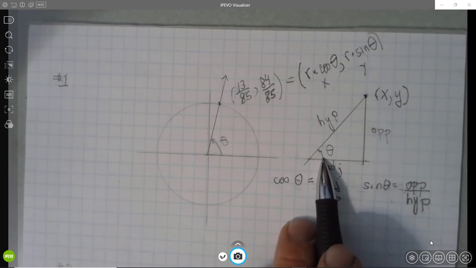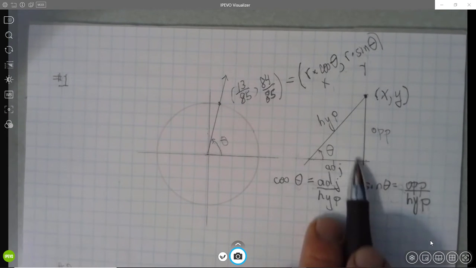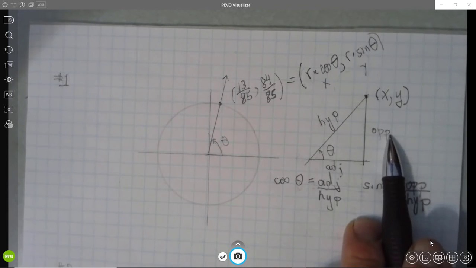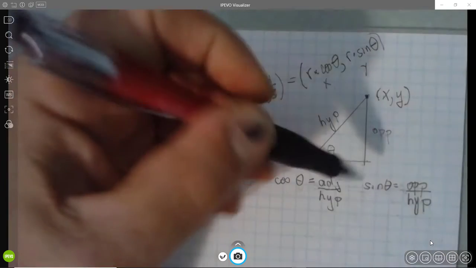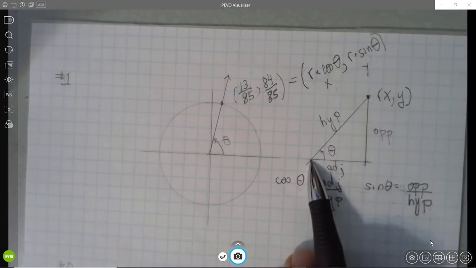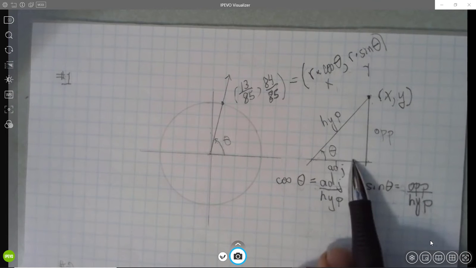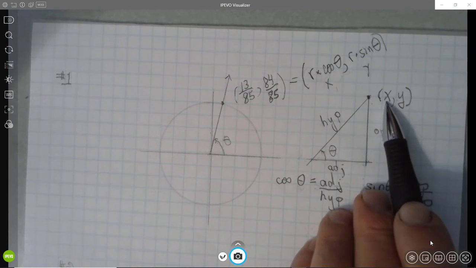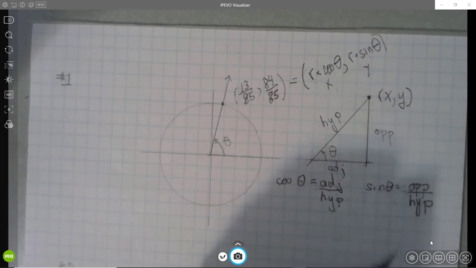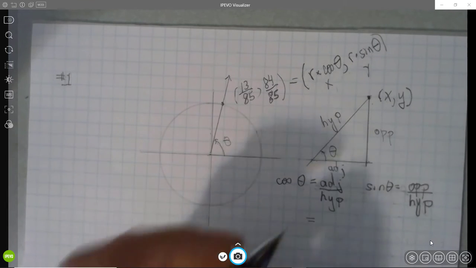Well, regardless of what the acute angle is, if we draw the triangle like this, the side opposite the angle will have a length, that's the y-coordinate, and the side adjacent to the angle will have a length that is the x-coordinate. So the cosine of theta is the adjacent over the hypotenuse, and we just fill this in now.